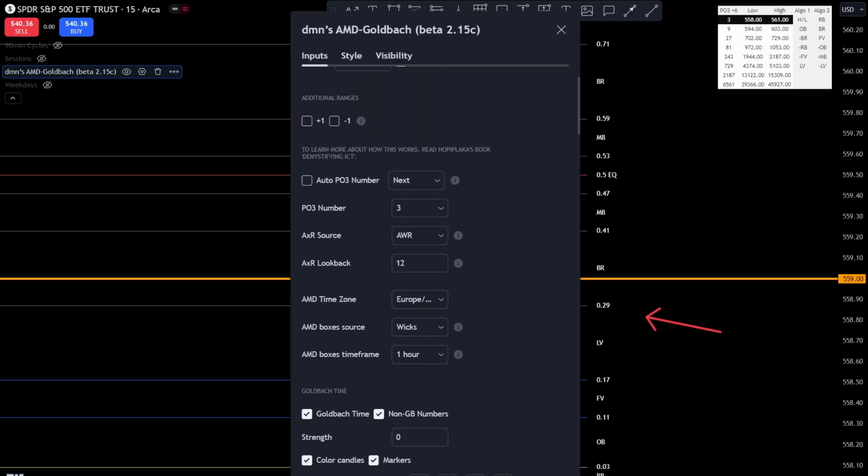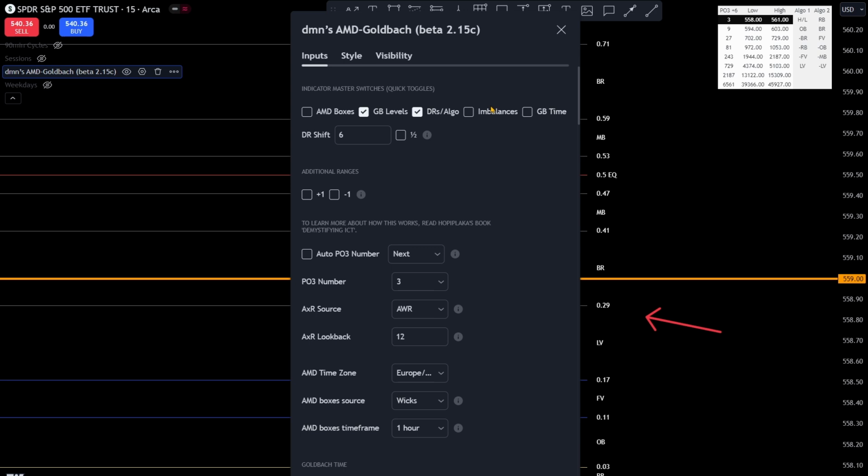So we talked about quick toggles at the top. We talked about DR shift, where if you want to go study price, you can go to any dealing range at any time to go check it out. You can even go forward and see dealing ranges we're not even in yet and see exactly what the prices are and where we should be aiming at above or below the marketplace in the future. It's already doing the math for you.